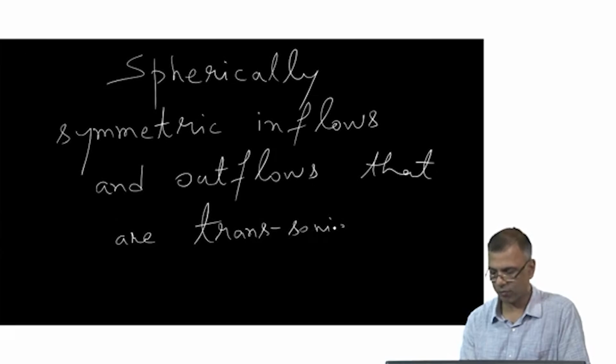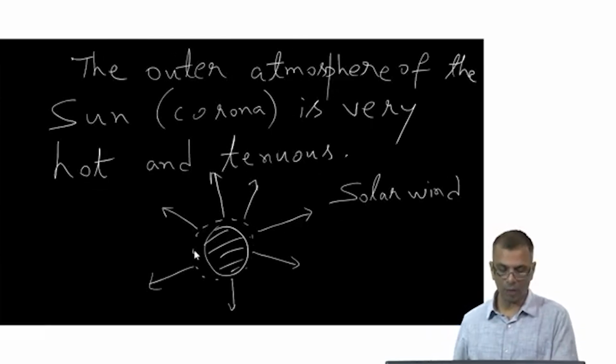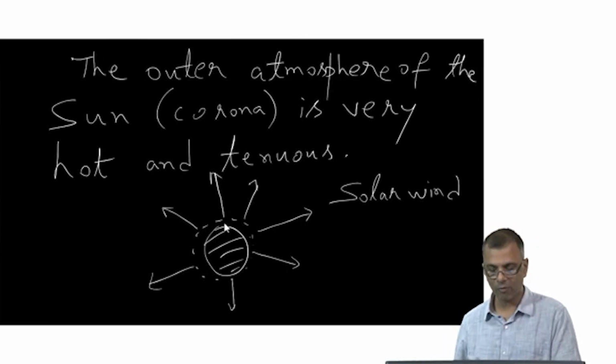That is our brief. Okay, in case of the sun, the outflow starts out being subsonic from very close to the sun, very close to the outer atmosphere of the sun, which is the corona.